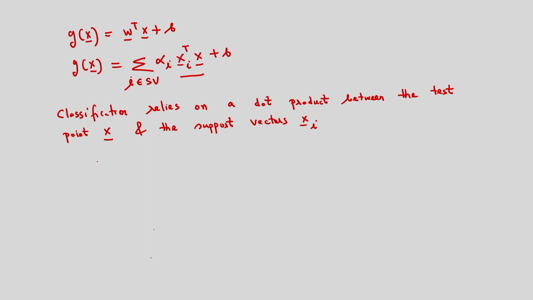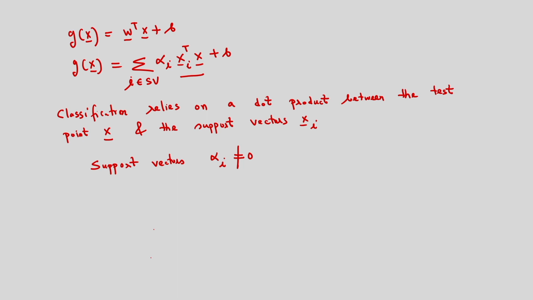For support vectors, this alpha I is not equal to 0. That is, the Lagrange multiplier is not equal to 0. These support vectors lie on the hyperplane, and they are the most informative points in the dataset.